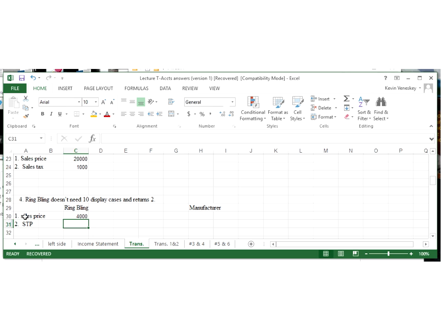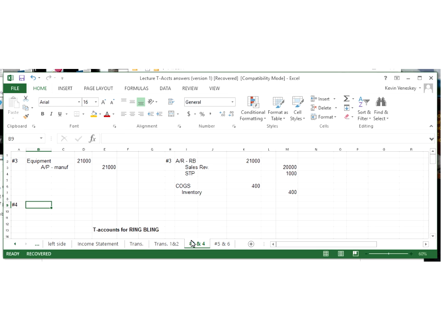But I'm also returning, and I should be getting back, some sales tax from those original 2 items that I no longer need. 5% of that would be $200. So now it's time to start journalizing this. As Ring Bling, this is how much stuff I'm getting rid of.